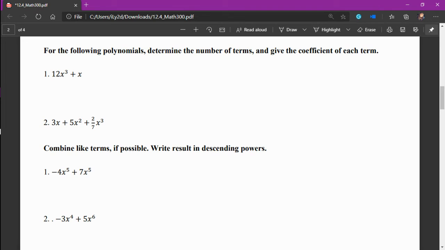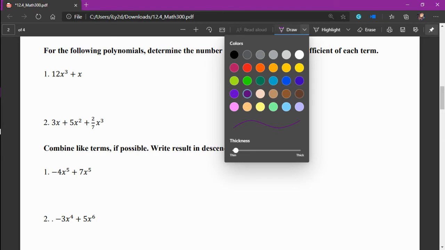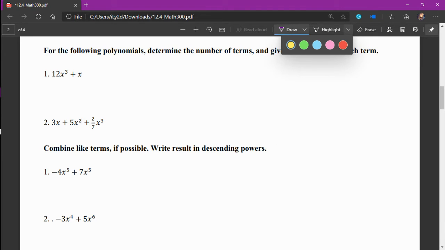Okay, so for the following polynomials, we're going to determine the number of terms, and we're going to give the coefficient of each term. So what I'm going to do, just to try to maybe make this a little bit easier, what color do I have for draw? I have all the colors. Let's use red for our determine the number of terms.